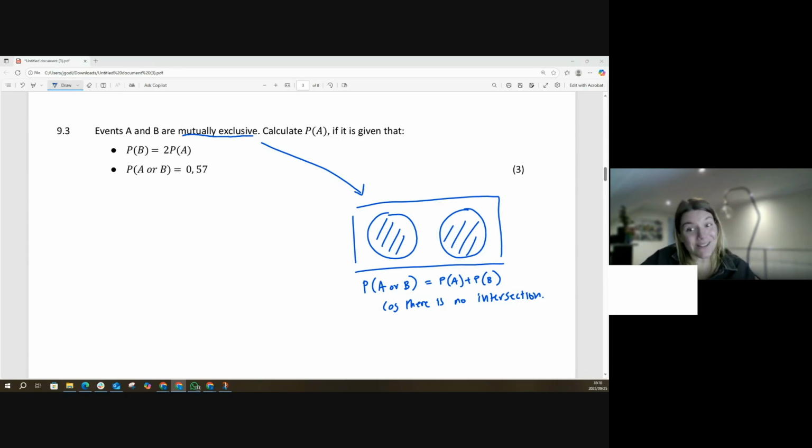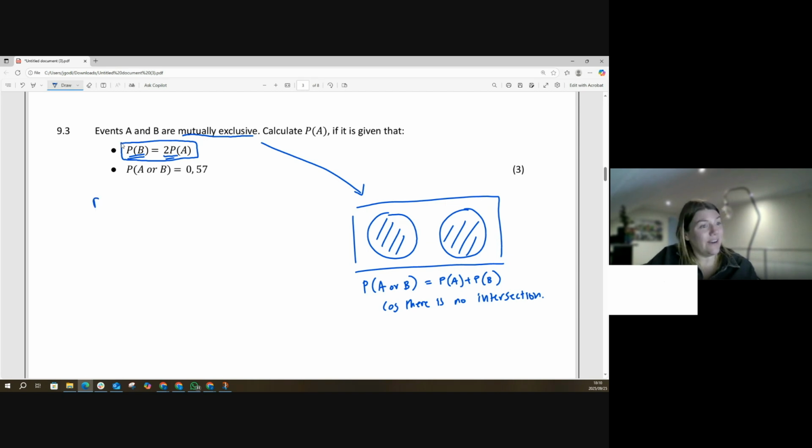So lots of different ways to do this one. But the key is actually this statement over here. This is telling you that the probability of B is 2 times the probability of A, right? So instead of writing the probability of B, I can just write that.